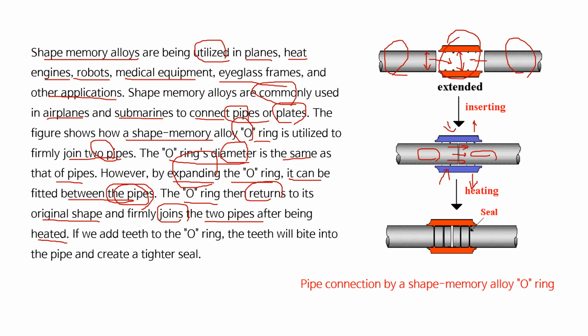So if you heat it, this O-ring returns to the original shape and tightly joins the two pipes. If we add teeth, this kind of teeth, to the O-ring, the teeth will bite into the pipe and create a tight seal.